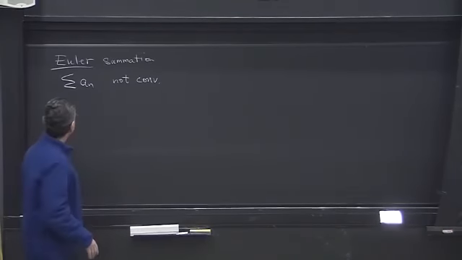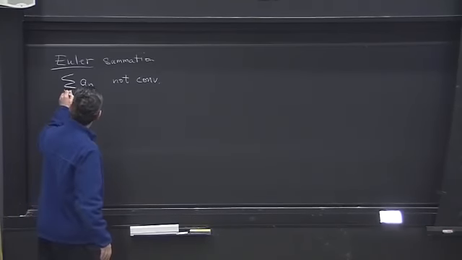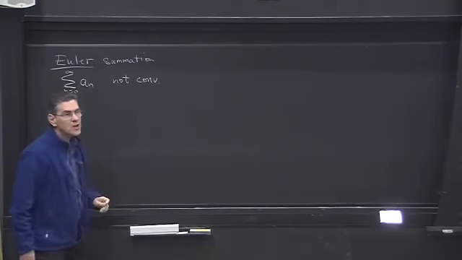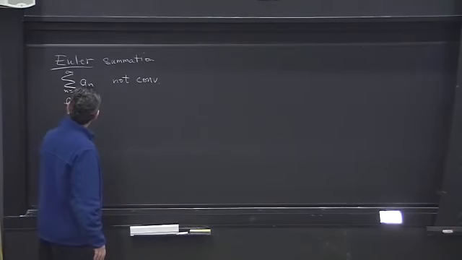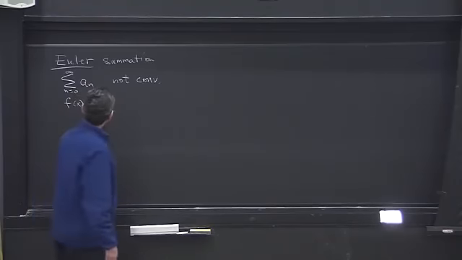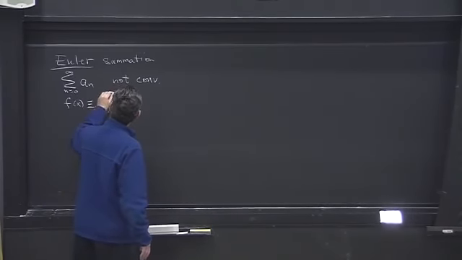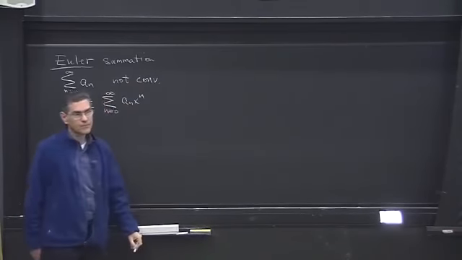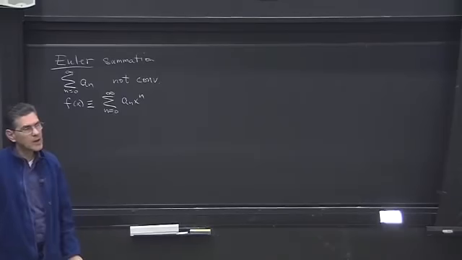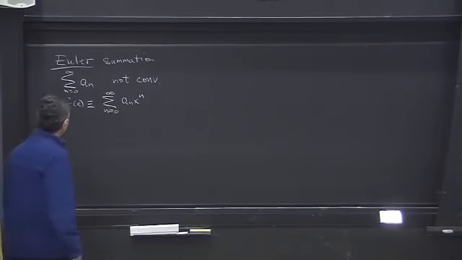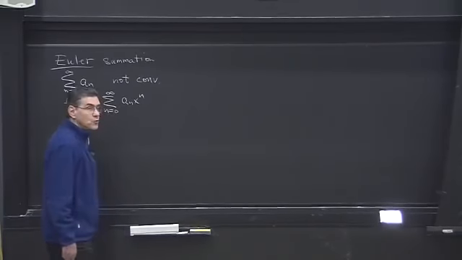Construct a function f of x. This is the sum from 0 to infinity. He says, construct a function f of x which is defined as the sum from n equals 0 to infinity of a sub n x to the n. And he says, you can do this.